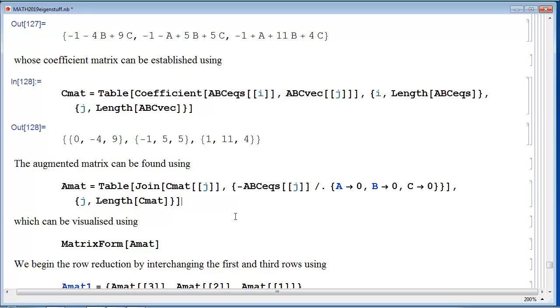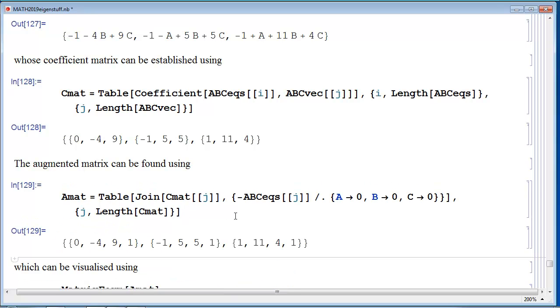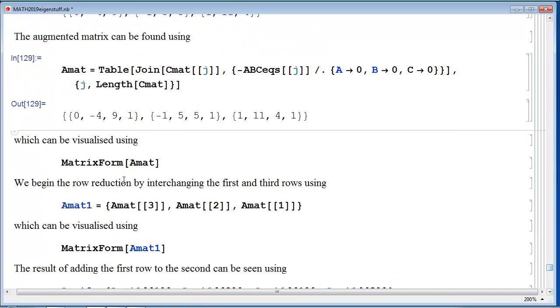And we can do that, and that gives us the augmented matrix, and we can look at that as a matrix using this.